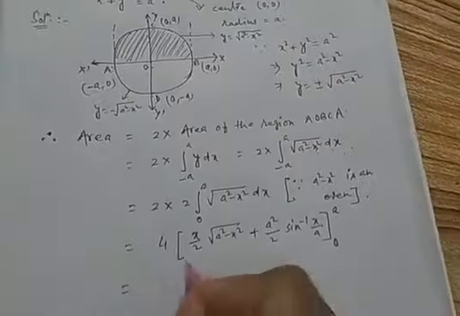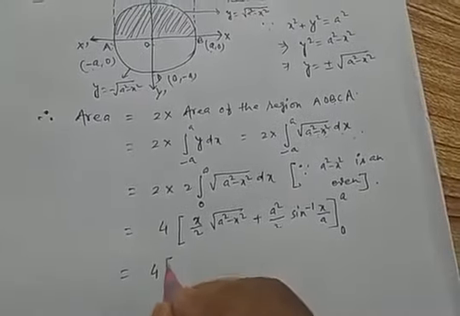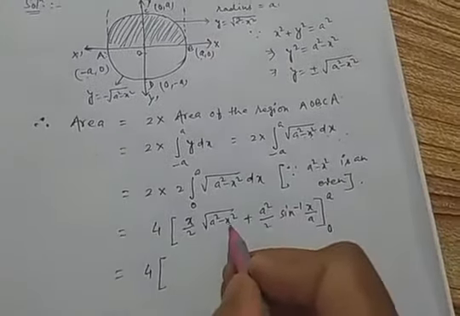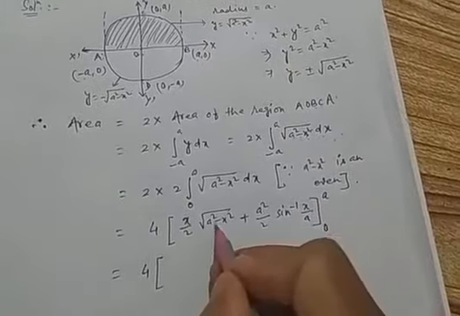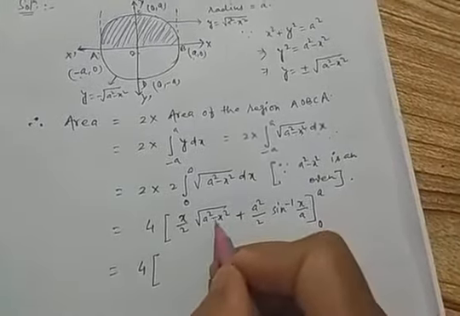Now students, the value of this part will be 4 into, here students a square minus a square is 0, so this part will be 0.